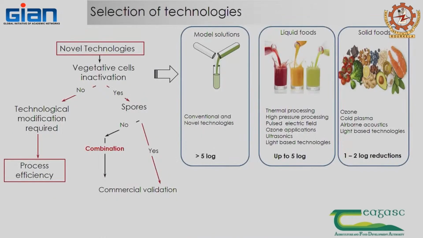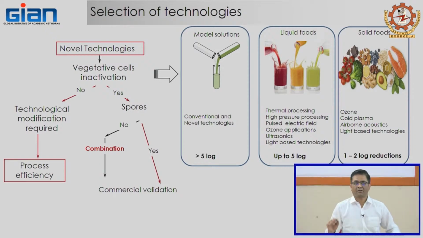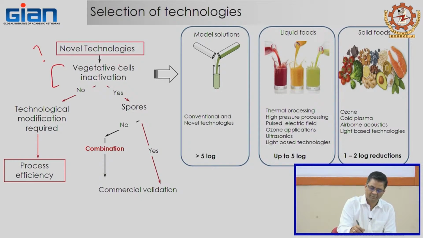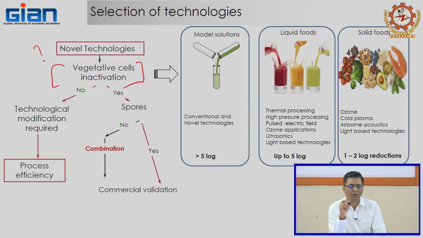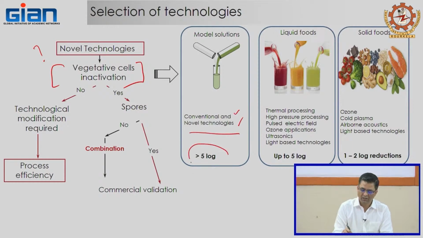Now, we talked about a number of different technologies. Some of you did ask the question, what technology to use for what. So this becomes very, very important, what technology to select. First, if your intention is only to kill vegetative cells, like E. coli in juices or a model solution, whether it's heat or non-thermal, you get more than 5 log.